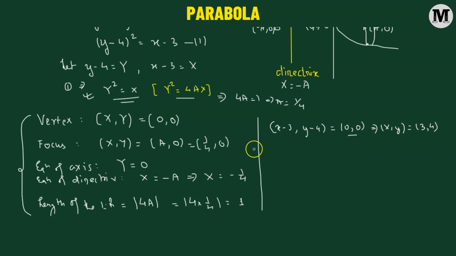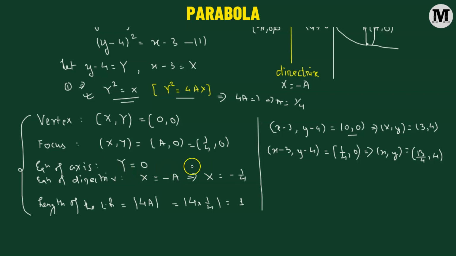Then we come to the focus. The focus will be x minus 3 comma y minus 4. We obtained the focus value as 1/4 comma 0. So we get 3 added to 1/4, which will be 13/4. Then we have 4 added to 0, so that's going to be 4.